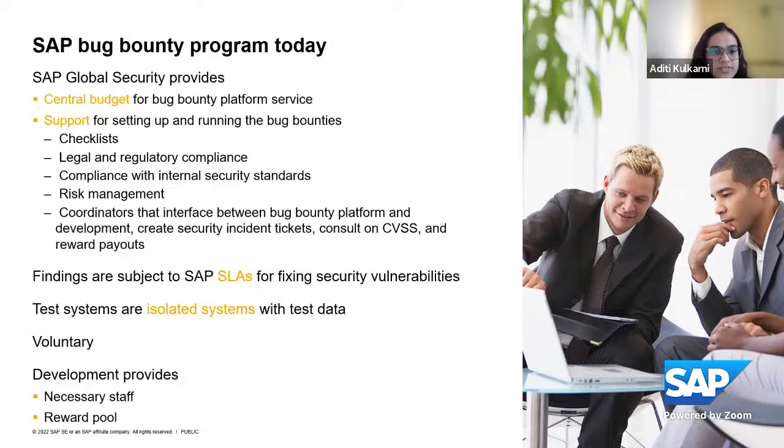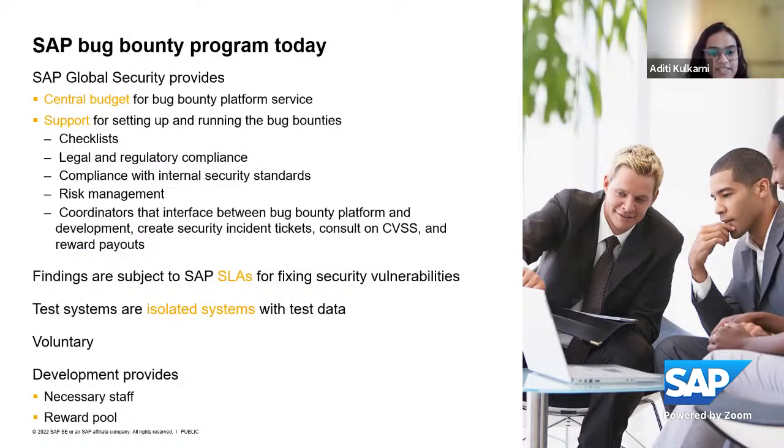This is how global security supports. For any vulnerability that is confirmed in SAP, we have SLAs, service level agreements: the more critical the vulnerability, the less time is assigned for it to be fixed.